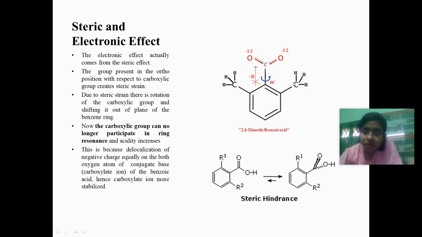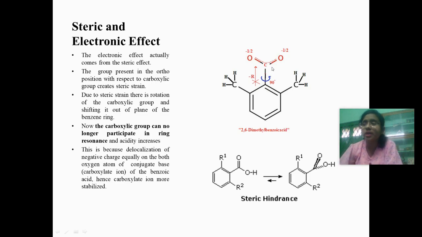So due to this big group, there is a repulsion created between the hydrogens of the CH3 group and the oxygens. So basically what is happening? Again I am repeating that we have 2 CH3 groups at the ortho position and we have the benzoic acid.